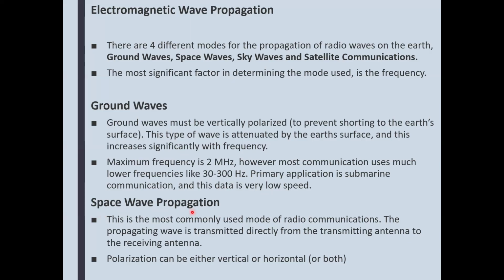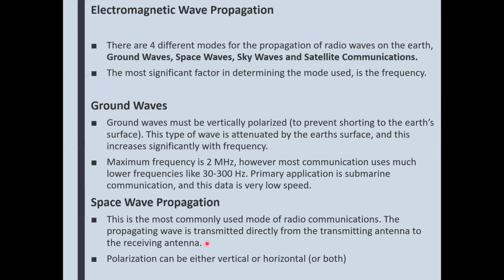Space wave propagation. All right, this is the most commonly used mode of radio communications. The propagating wave is transmitted directly from the transmitting antenna to the receiving antenna, although we are not necessarily talking about line of sight. Line of sight is part of it.